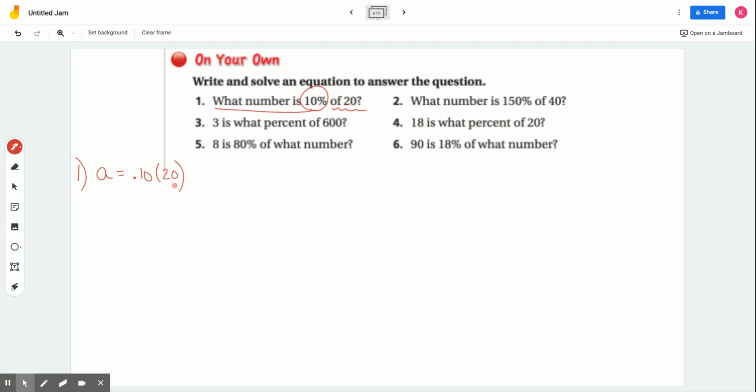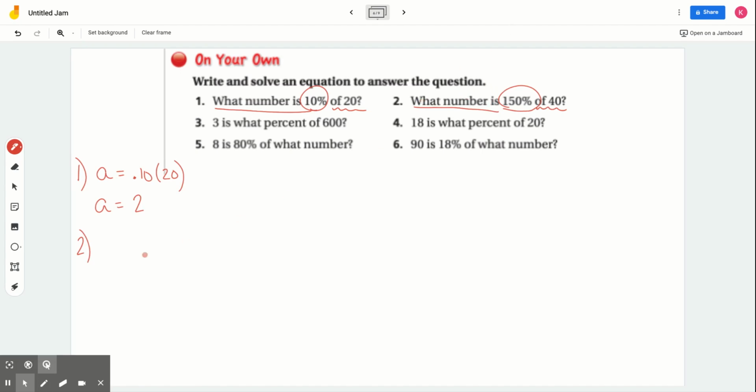Now we can multiply these two numbers to get the part. 0.10 times 20 is 2. So the part is 2. 10% of 20 is 2. Now go ahead and try number 2 on your own.